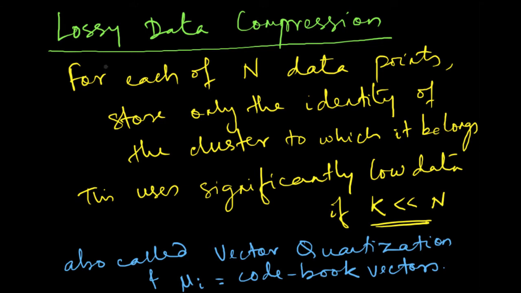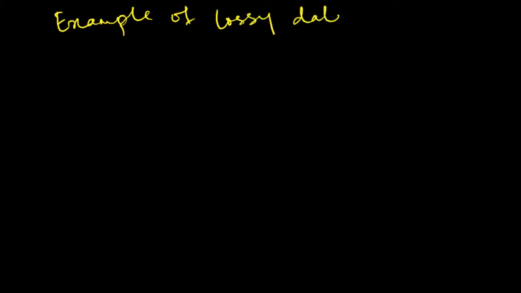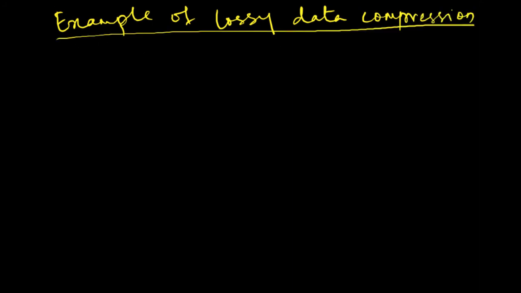So now let's take a more specific example of lossy data compression and see how this works. So consider an image. Consider each image in a given data set which has n pixels.